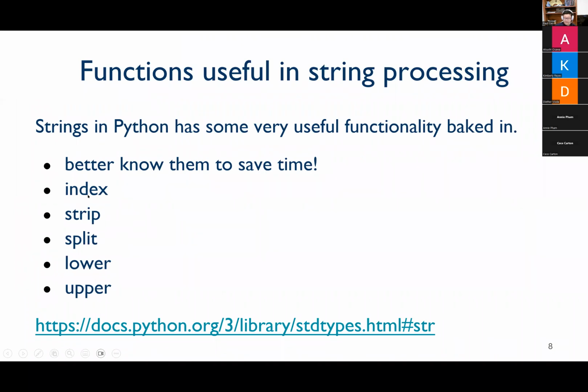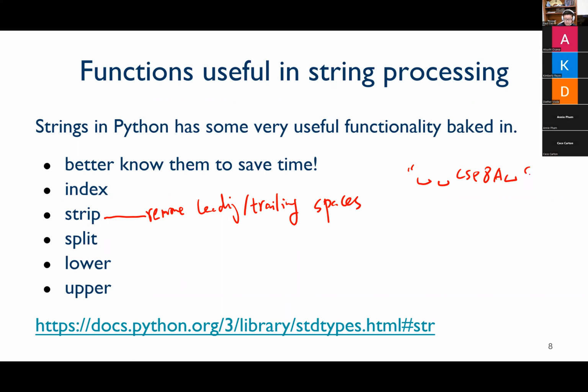Just briefly, index for a string would tell you where something is, right? Strip would remove leading and trailing spaces. So what do you mean? You can say space, space, CSE 8A, space, S23, space, space.